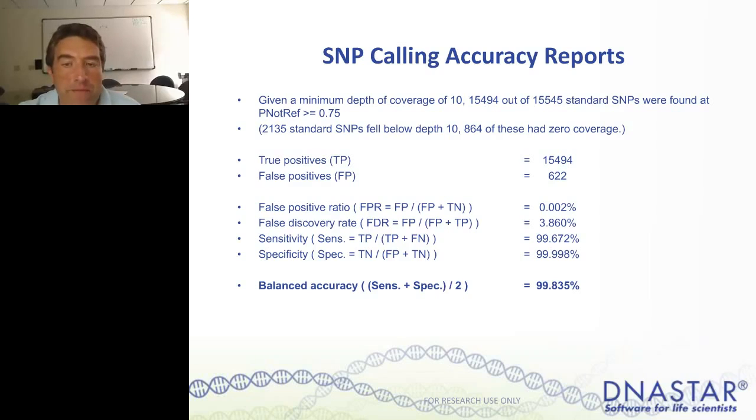From that information, we can calculate things like false discovery rate, which gives you an idea of how many false positives there are. And then we also get sensitivity and specificity. From sensitivity and specificity, we can get something called balanced accuracy, which is just a simple calculation.